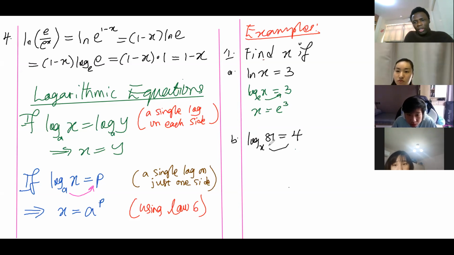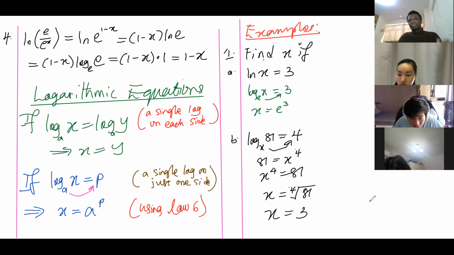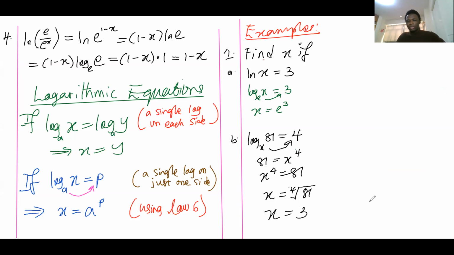Again, we apply the law. It means 81 equals x to the power 4, which means x to the power 4 equals 81, which means x is equal to the fourth root of 81. Is that 9 or 3? That's 3. Okay, that's another type you can see.